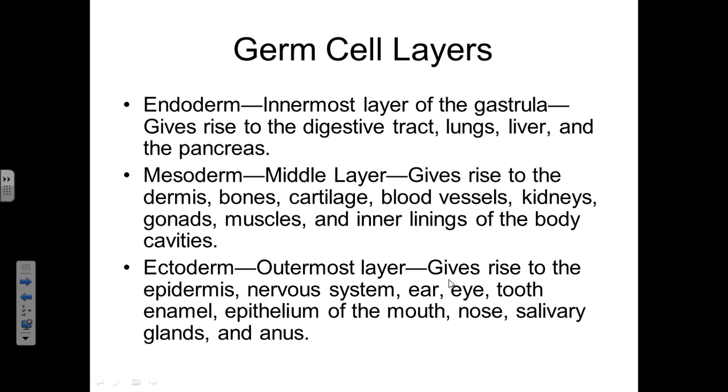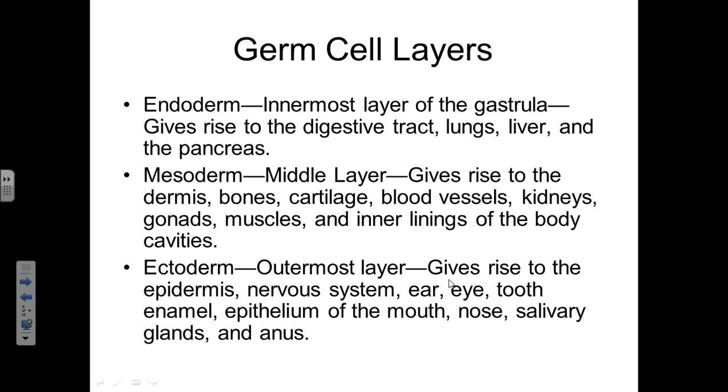All right, another thing that we need to mention here is what the germ layers actually do. Remember, the germ layers are layers of cells in the embryo. And each layer of cells has a very specific thing that it does. The endoderm is the innermost part of that gastrula, that ball of cells.